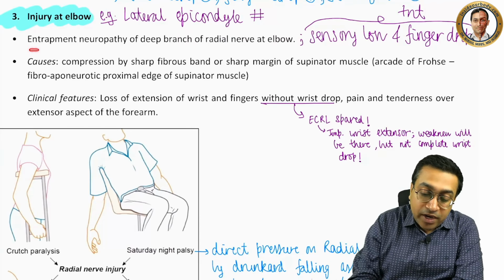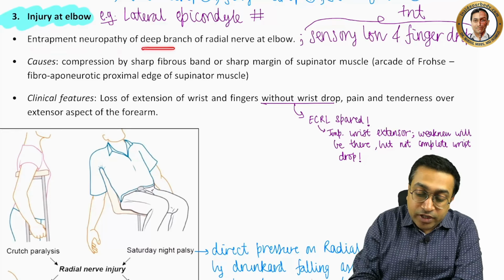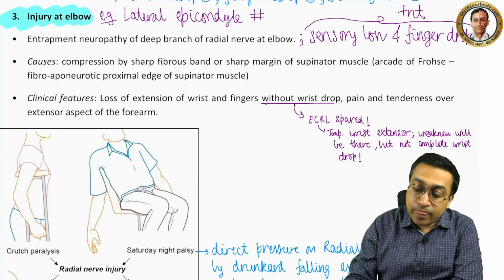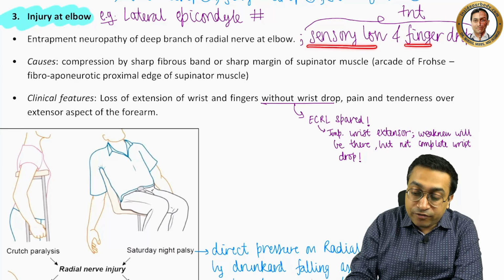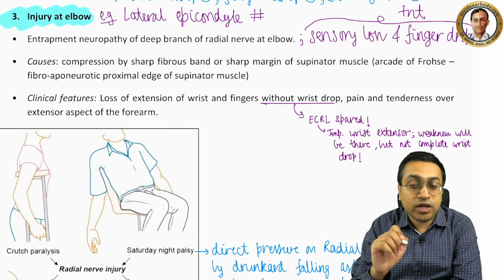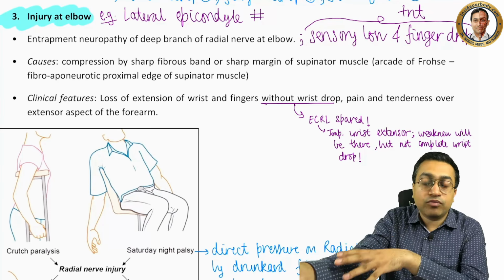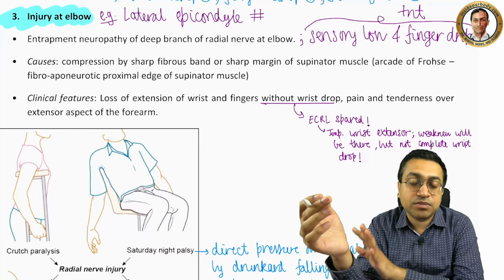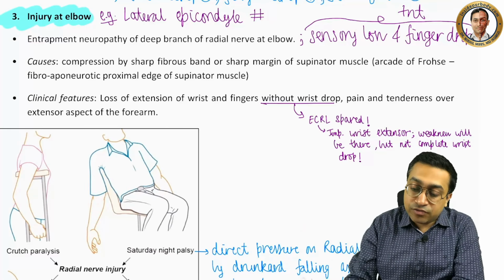Now there can be entrapment neuropathy of the deep branch of the radial nerve at the elbow, that can also happen. There can be sensory loss and finger drop present in this region, because beyond the elbow we still have the forearm flexors and extensors, which may be affected. So there is finger drop, sensory loss.